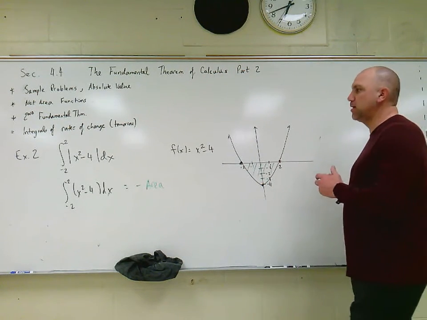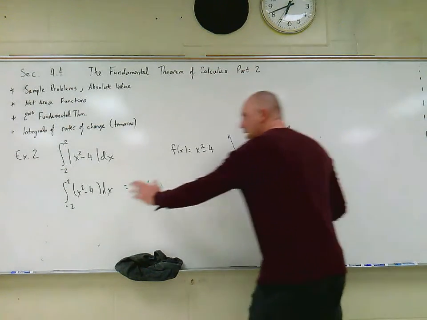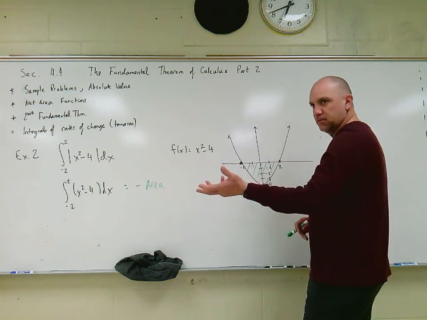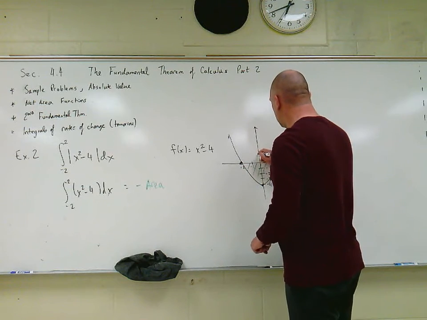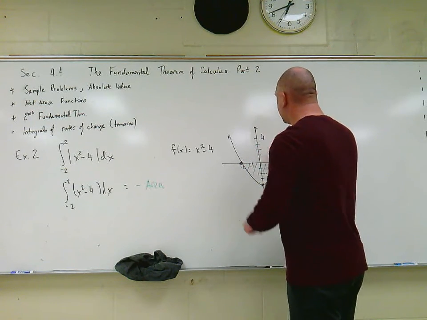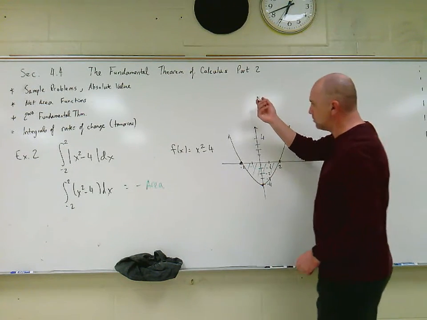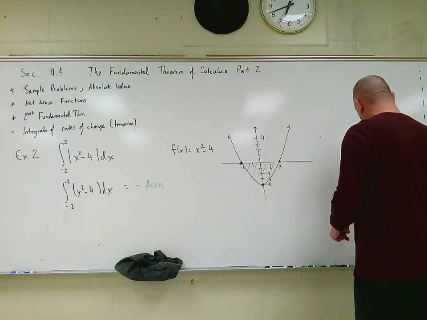What absolute value means, anytime you see bars, so this is the graph of x squared minus 4. Had I been given this problem and I work it out, I would get this area but negative. What absolute value means, if I just draw it in blue, it takes any negative region, so on top of this graph, I'm going to put the absolute value. Actually, let's just put it next to it, that way we can see.